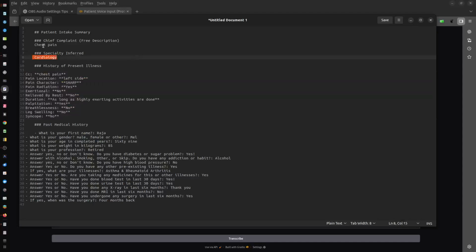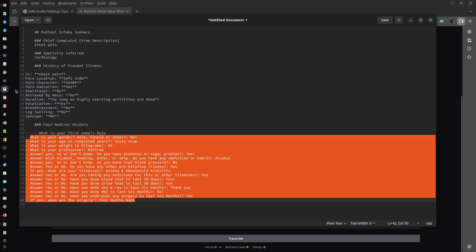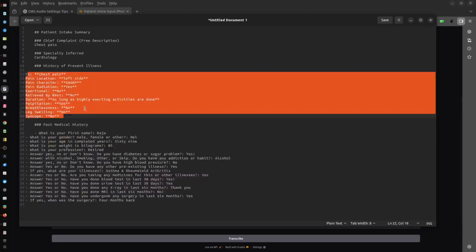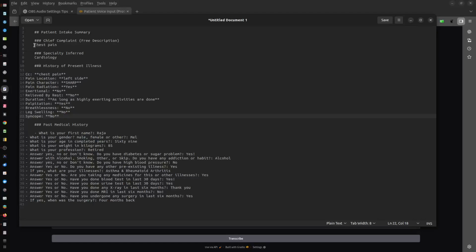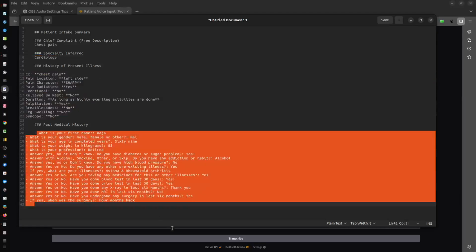Similarly, if the complaint were stomach pain with loose motions, then the domain inferred will be GI, gastrointestinal, and these questions will still be asked, but the questions here would be replaced by GI related questions. And similarly, if the complaint were breathing difficulty, coughing, and blood in cough, then the domain inferred will be respiratory or chest TB, and accordingly the questions here will change. These questions will remain the same.